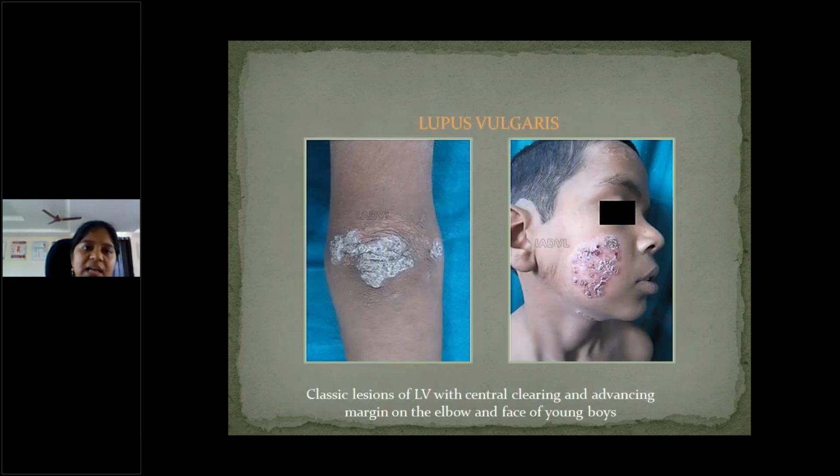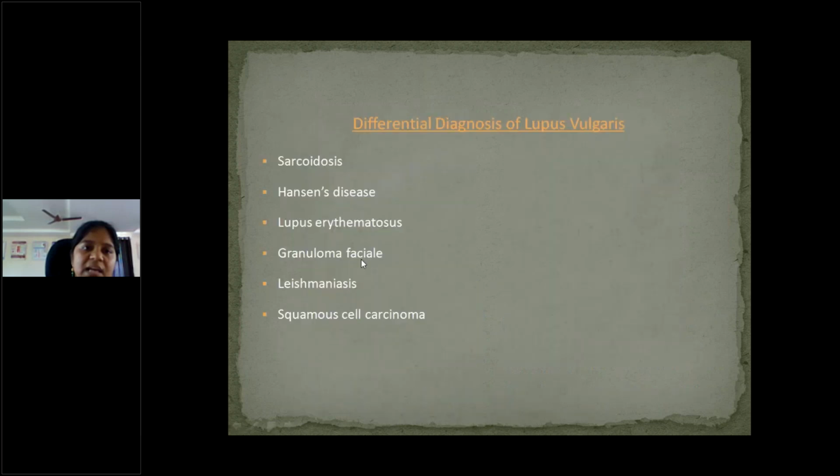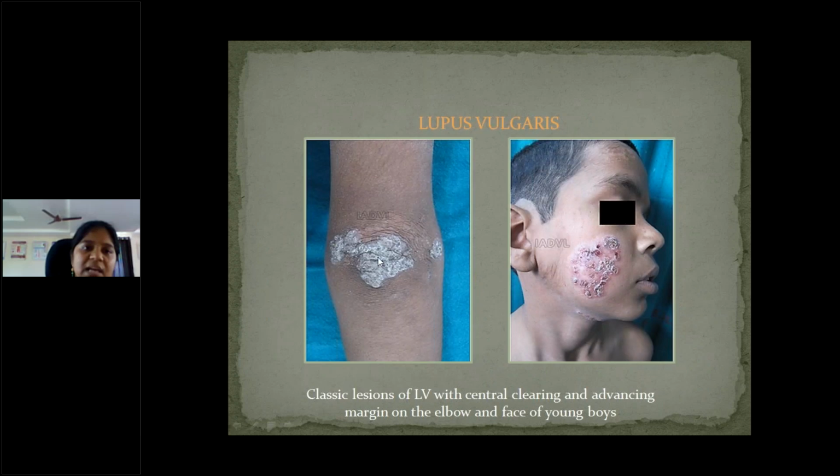And see this, these are warty growths, as I told, the verrucous form, one of the types of presentation. And you can see the central clearing with the advancing edge, erythematous margins. This is a small child, over the face.